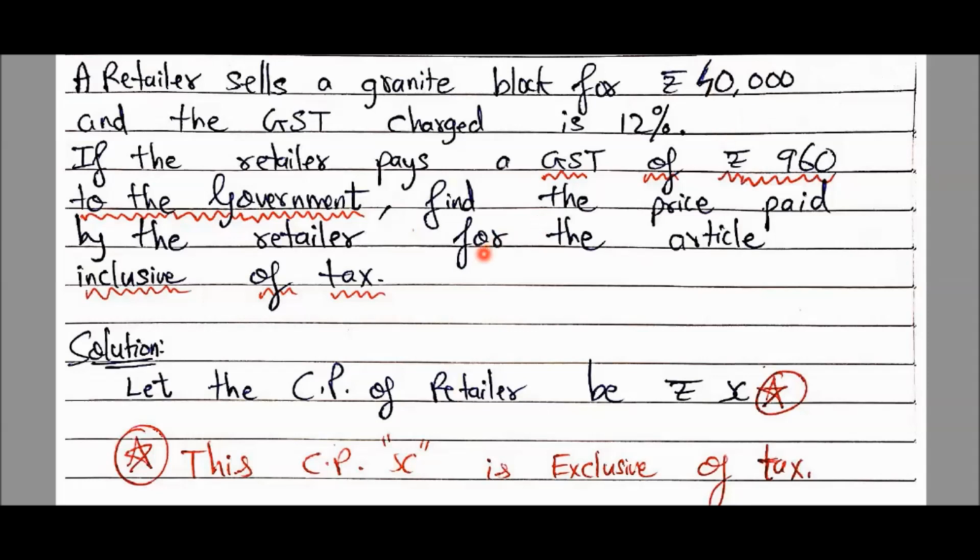Yes. So see the first step in my solution. Let the cost price of retailer be rupees X. And I'll repeat once again that this rupees X that we are considering is the cost price of retailer. Suppose he's purchasing from wholesaler. So this cost price X is not inclusive of tax. It's exclusive of tax.